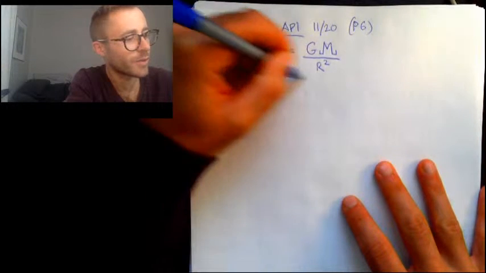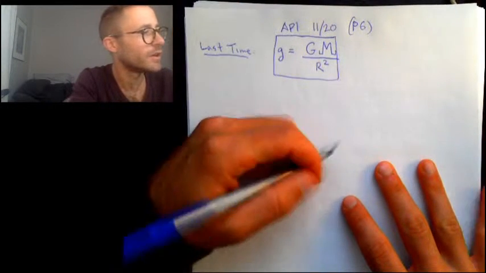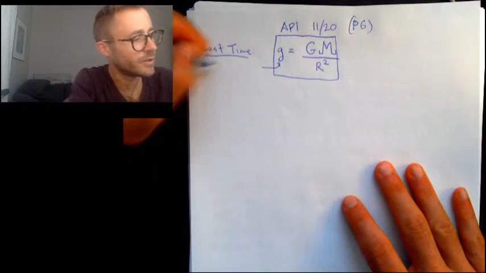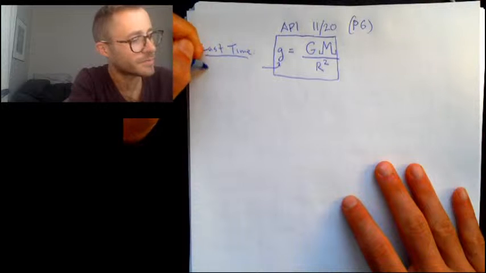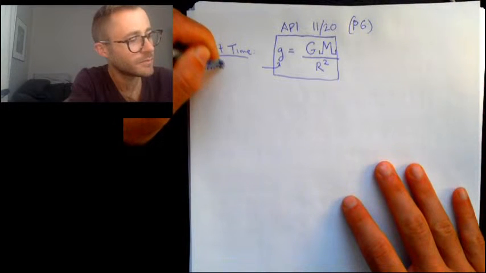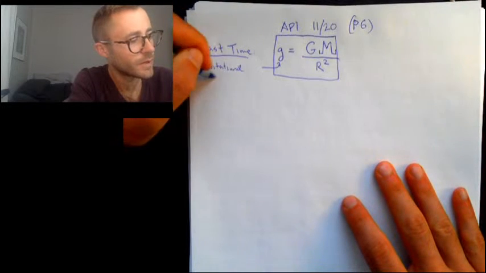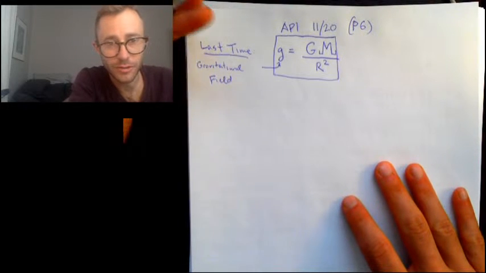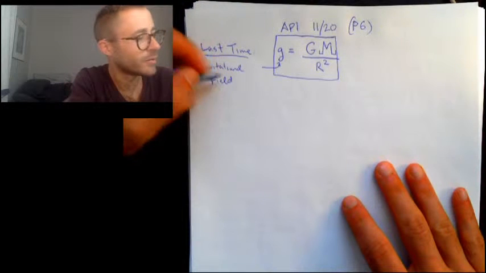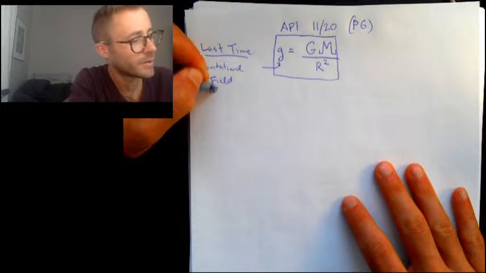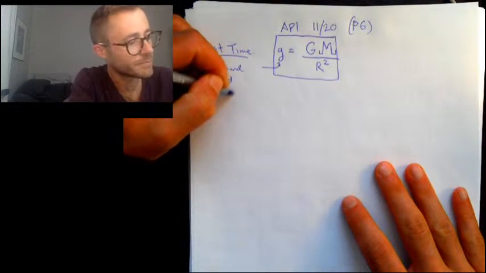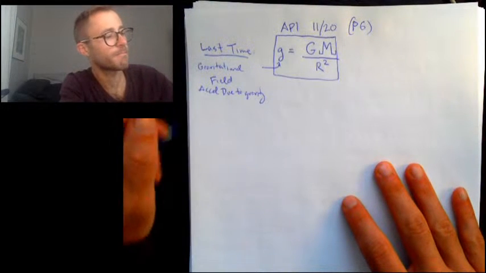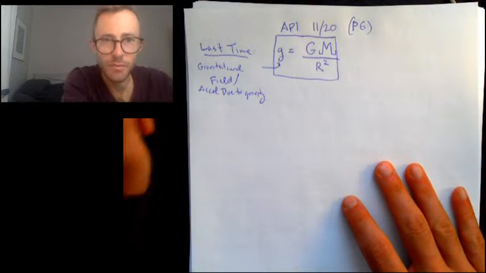Let's talk about what each of these things means. Little g is the gravitational field, but the gravitational field is just a synonym for the acceleration due to gravity. It's the same thing.